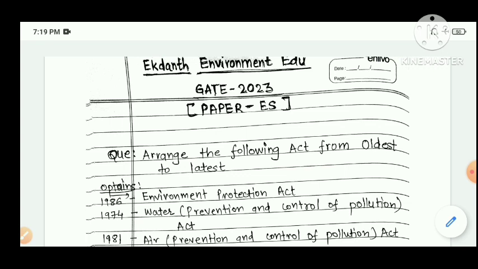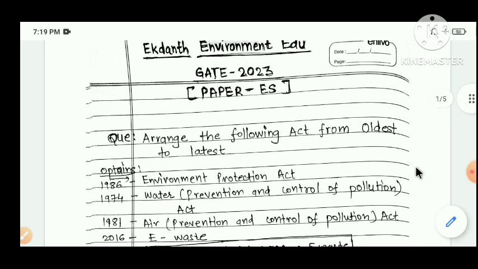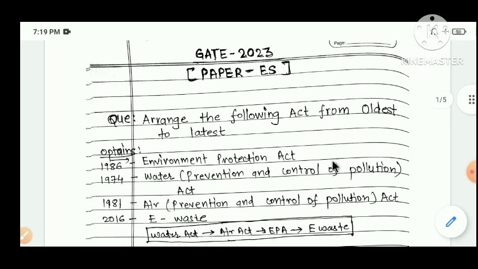Okay, so the very first question that I got, you will also very much relate. Arrange the following acts from oldest to the latest. Means in the paper they have just given the acts. They have not given the year in the paper.